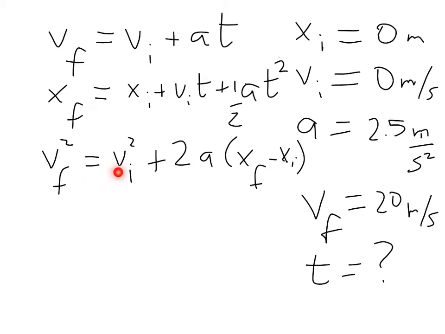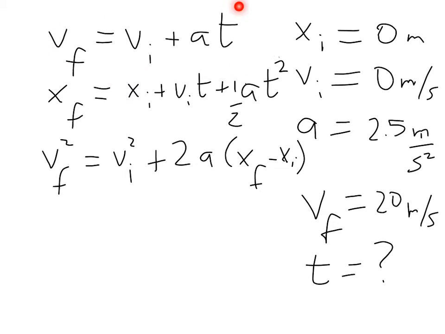Since we are looking for a time, this equation cannot help us because it does not contain time. It has to be one of these two. This is definitely the easier equation to use. Let us check if we know everything. We know V final, we know V initial, we know the acceleration, and so yes, we can solve for time.